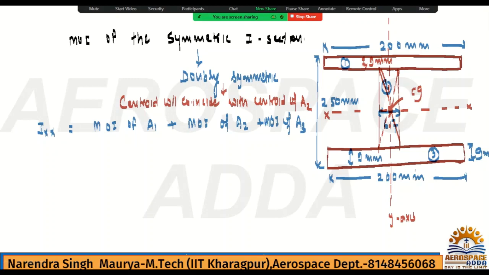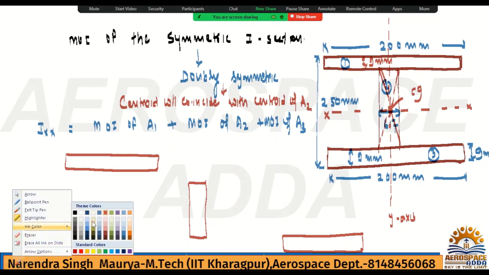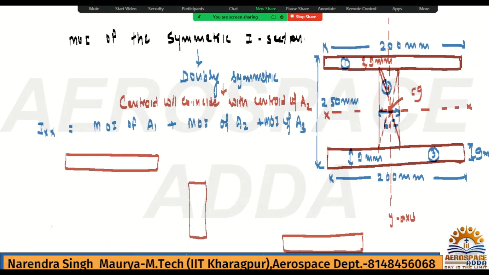I can say for this centroid: box 1, box 2 and box 3. I just want to write the centroid point, and it will be with respect to the centroidal axis. With respect to the centroidal axis means from this CG, this is now the centroidal axis.